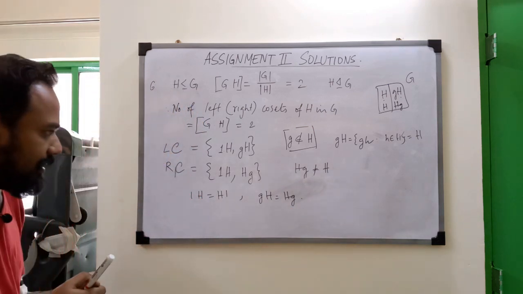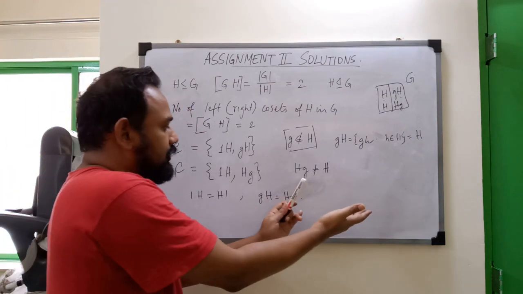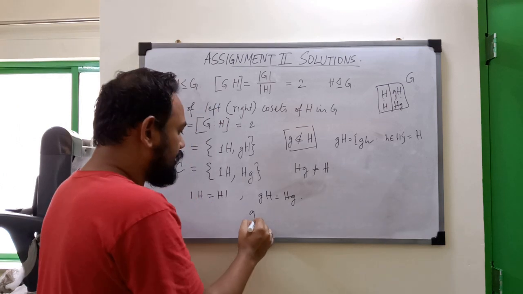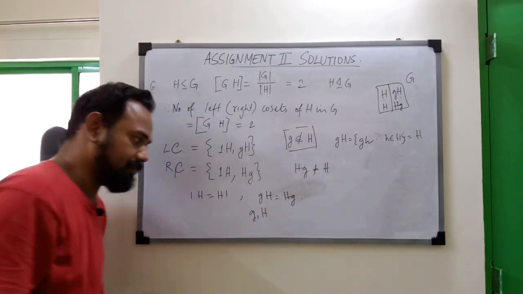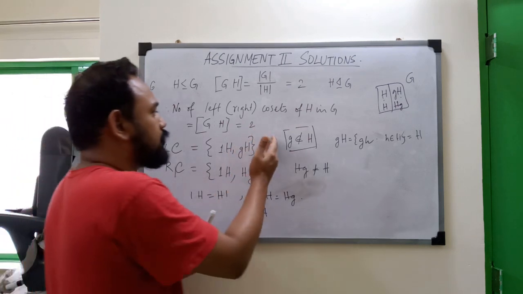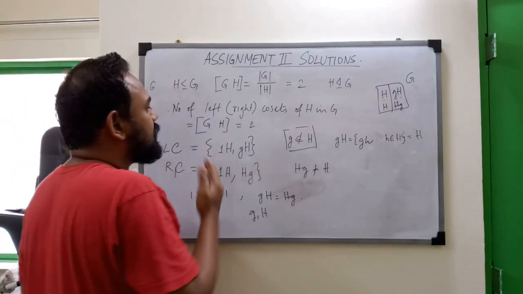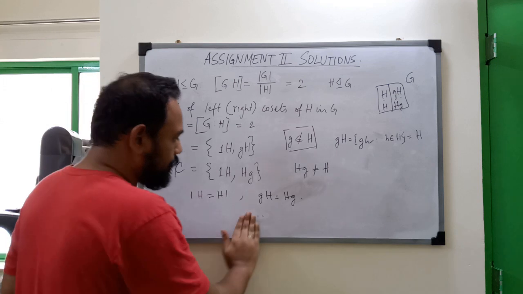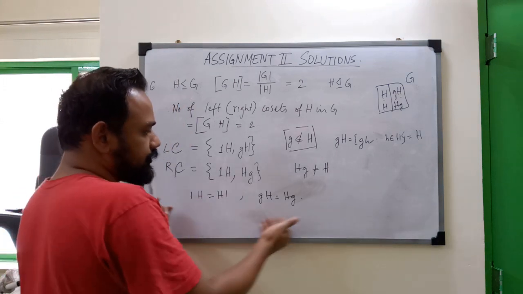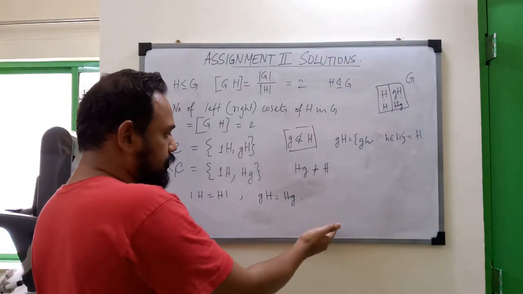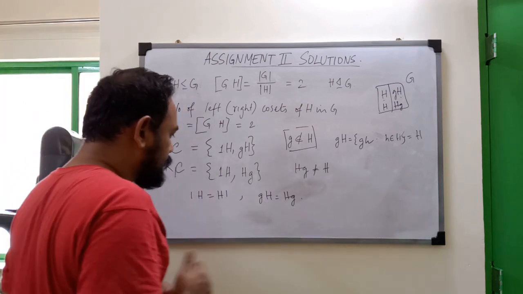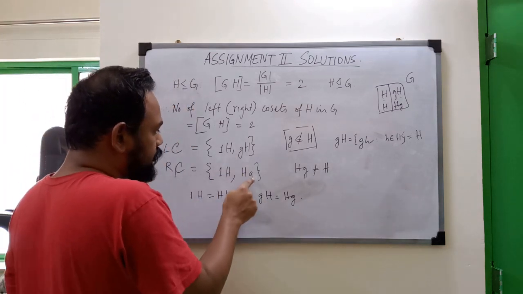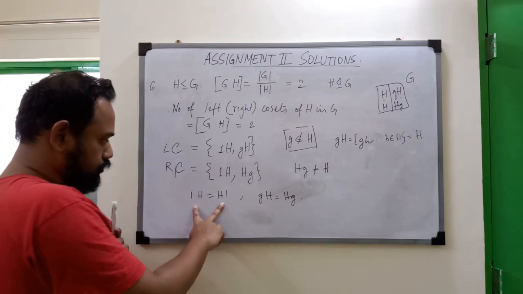Because for any other G1, this is either this or this, because the partition is 2. The index is 2. So we don't have to consider all the other left cosets or right cosets because there are only 2.